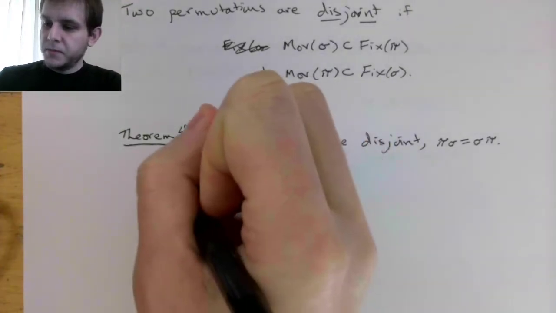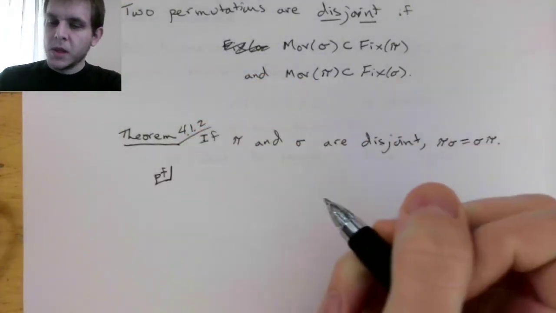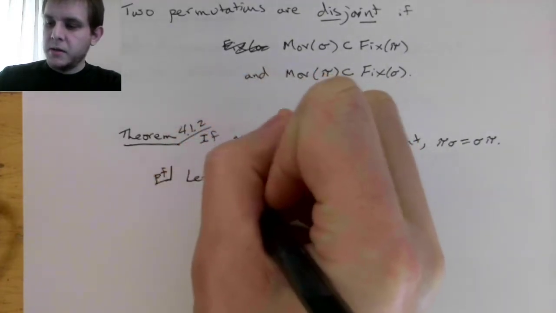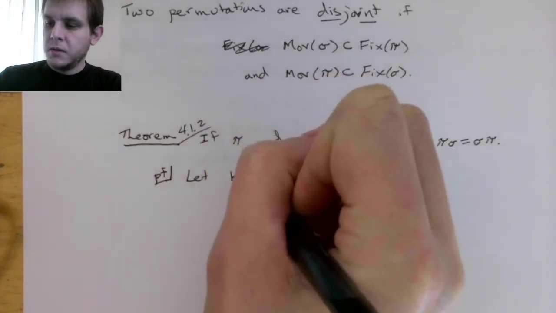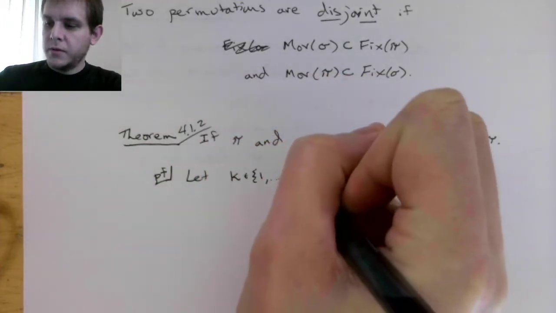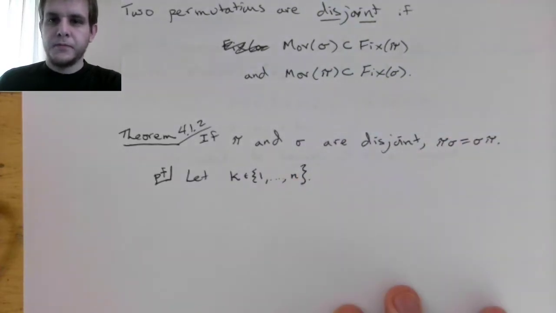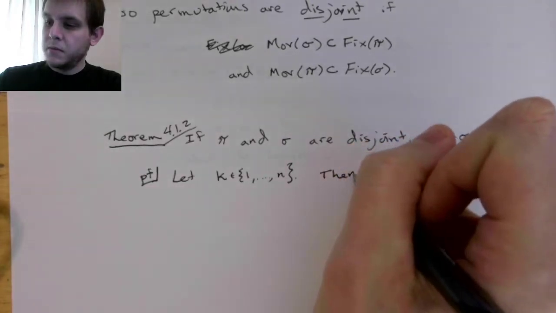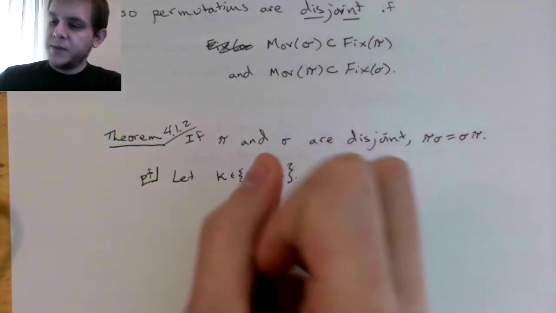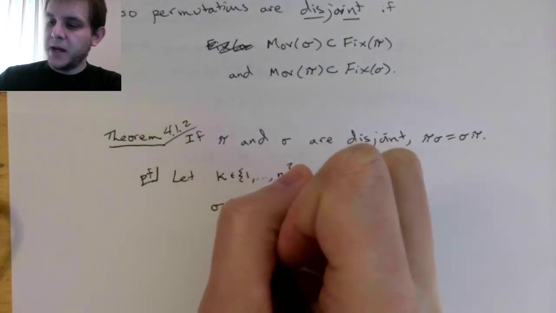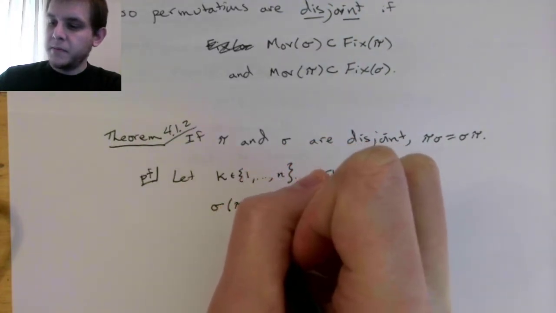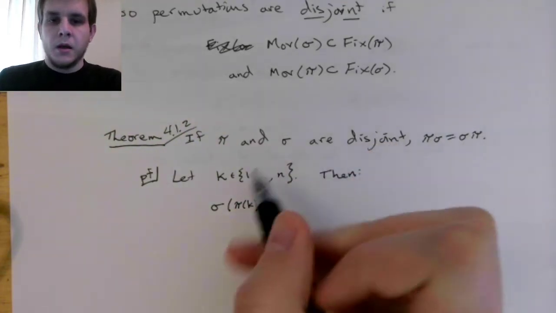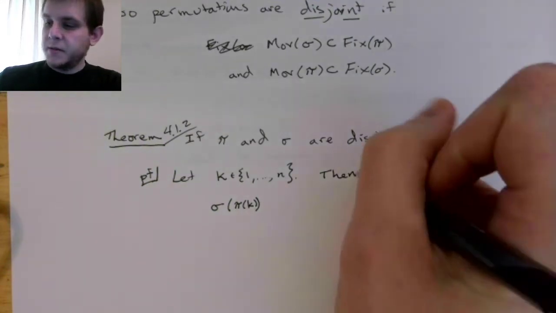So first, let k be an element of 1 through n. Then what happens if I try to do sigma of pi of k? Well, pi of k has two options.